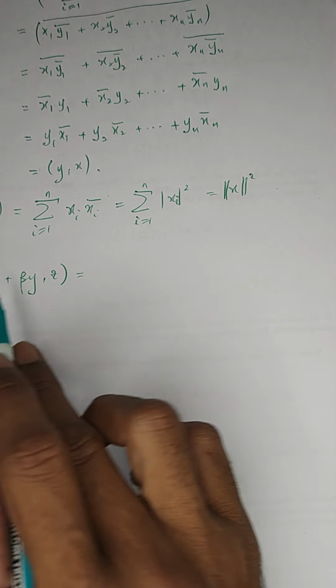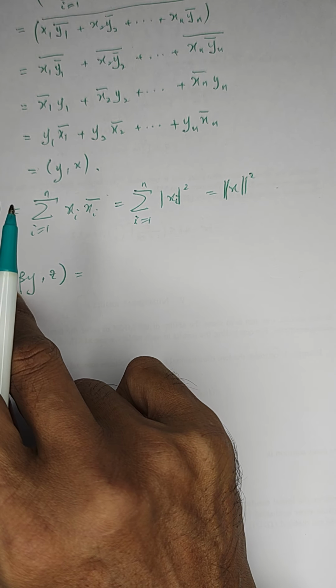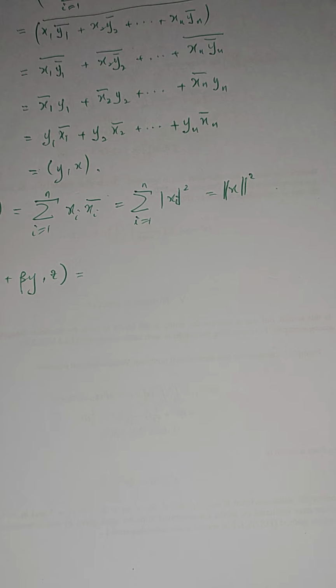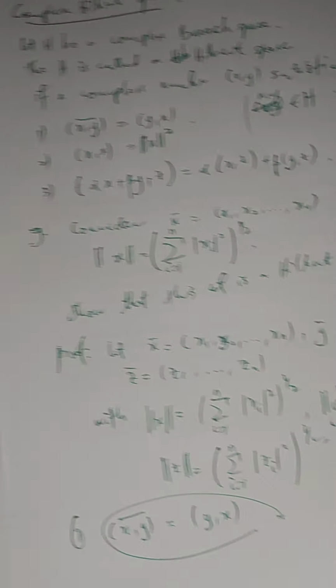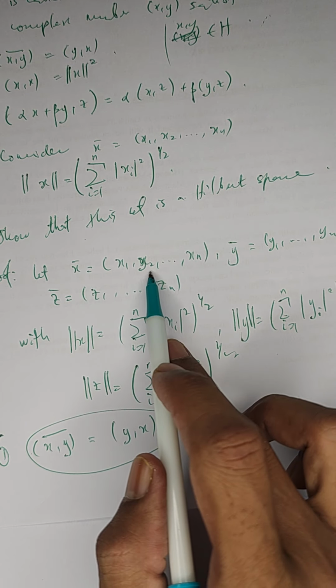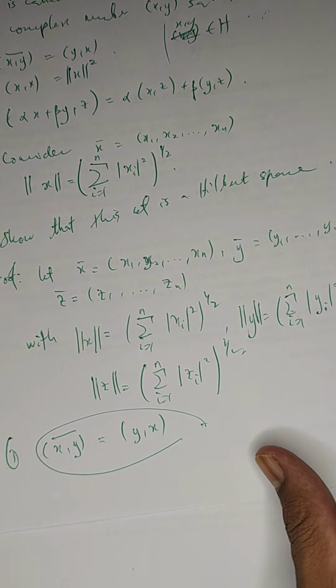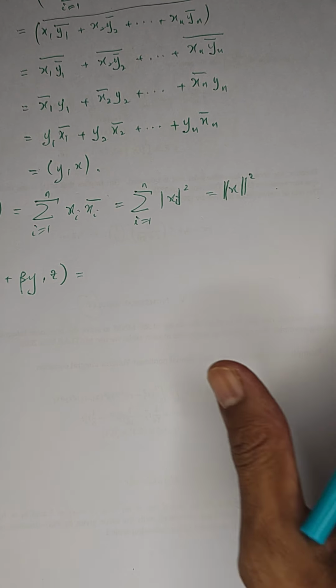So if we split each of those elements, x is x1, x2, and so on, y is y1, y2, and so on, as well as z. So split those element by element.